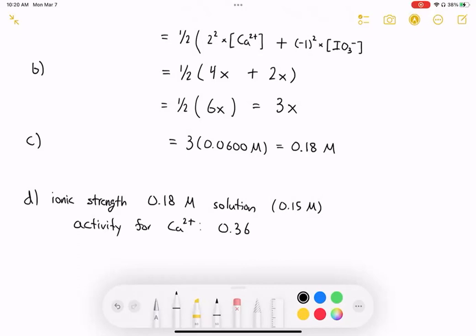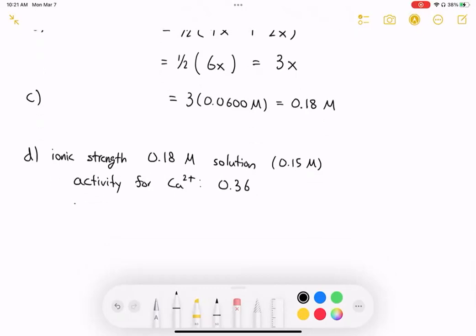So we go back down to our calculations here. And then we need the one for IO3 minus.